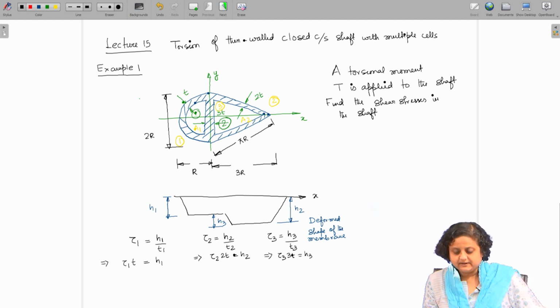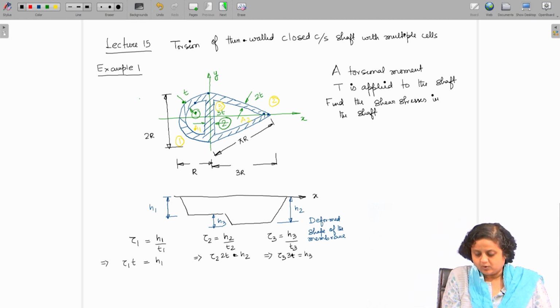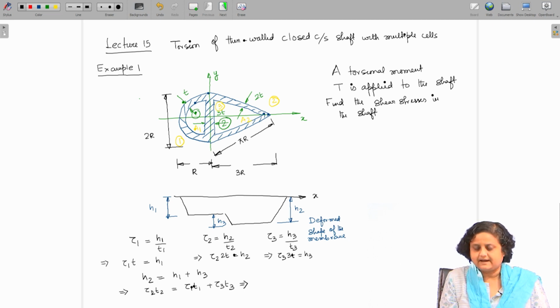Additionally, from the geometry, we can say that H2 is H1 plus H3, which implies that tau 2 T2 is equal to tau 1 T1 plus tau 3 T3, which again implies that Q2 is equal to Q1 plus Q3.